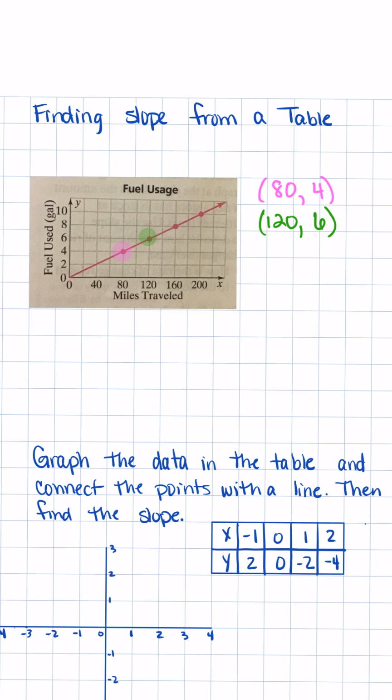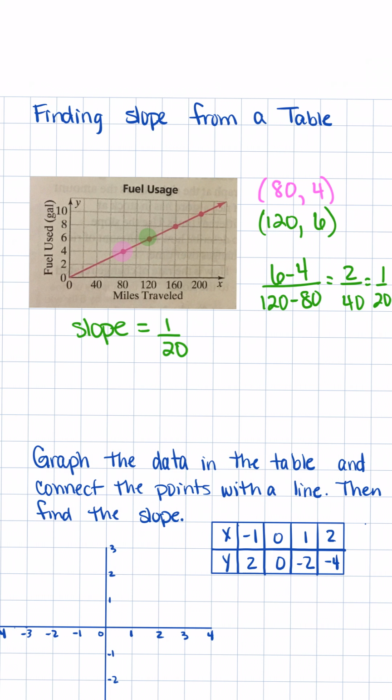So if we subtract those, we have 6 minus 4 over 120 minus 80. That's going to equal 2 over 40, which could be reduced to 1 over 20. So your slope is 1 over 20.